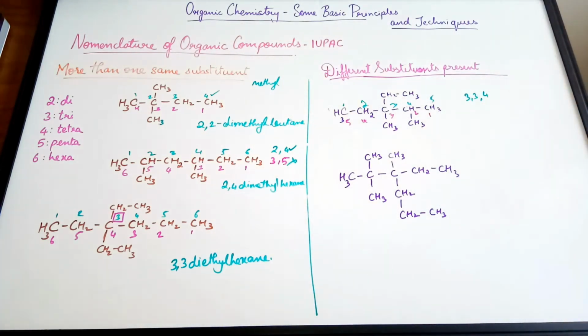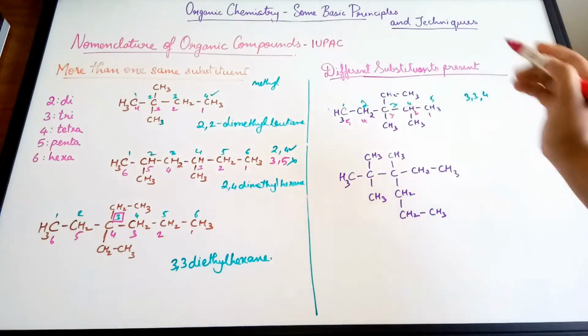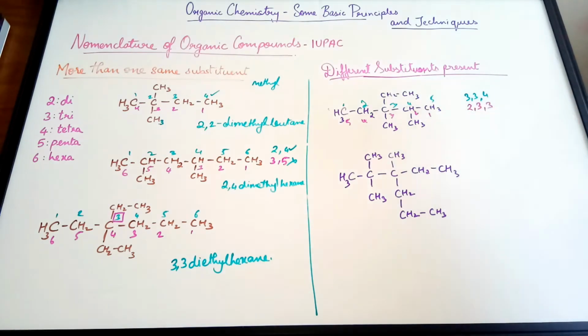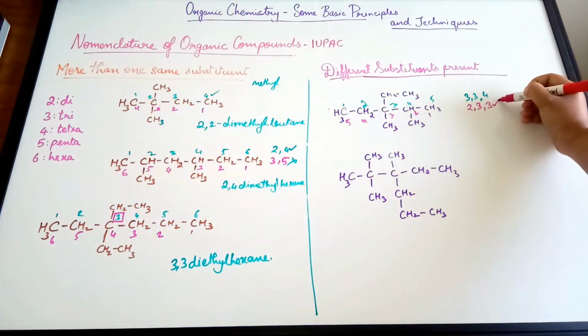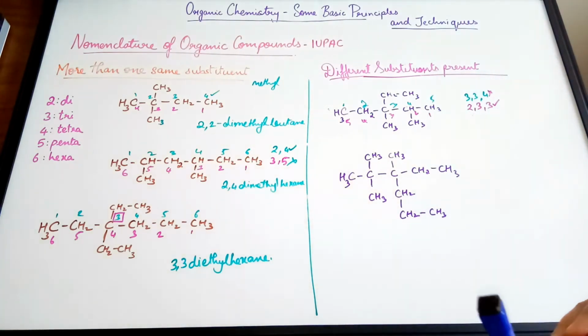Whereas when I went from right to left, the substituents are in the position 2 and 3. So obviously we will be taking this numbering and not this one because this is lesser, and that's what we learned in the first point of difference rule.